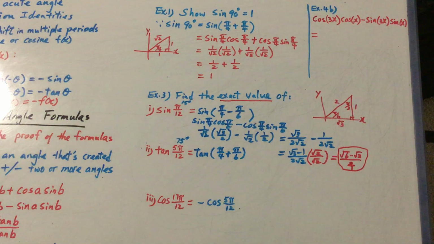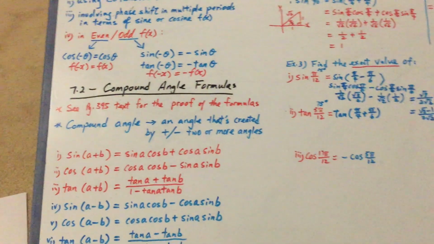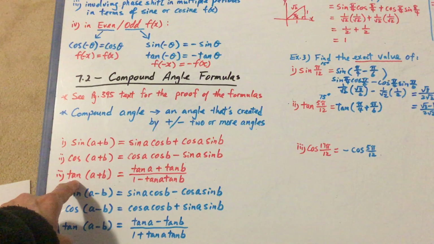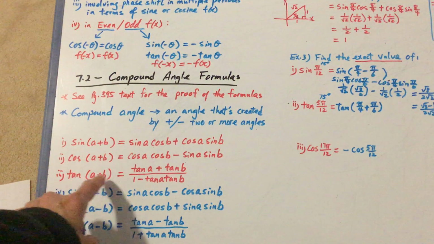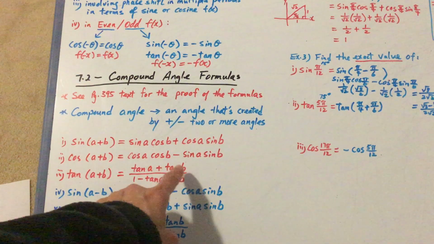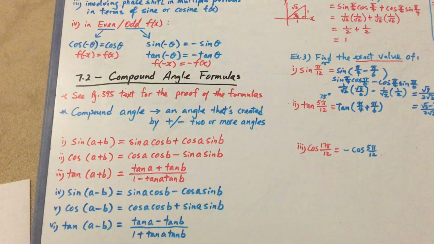Okay? And then you go back and check the compound formula for the tangent. So this will be equal to tangent A plus tangent B divided by 1 minus tangent A times tangent B.